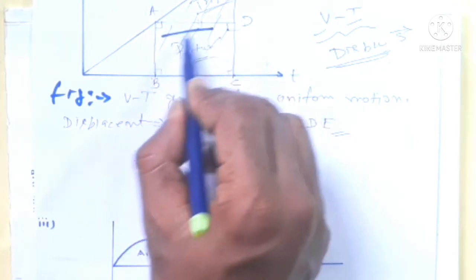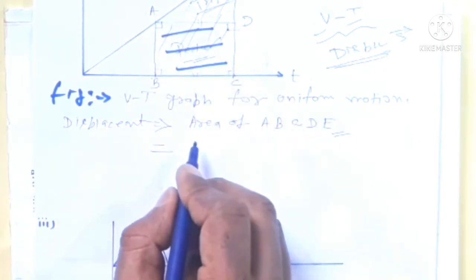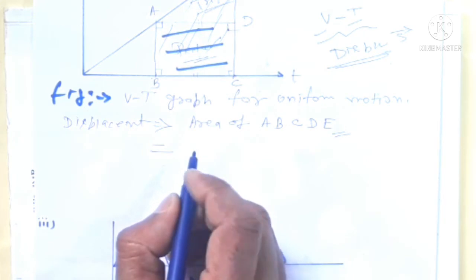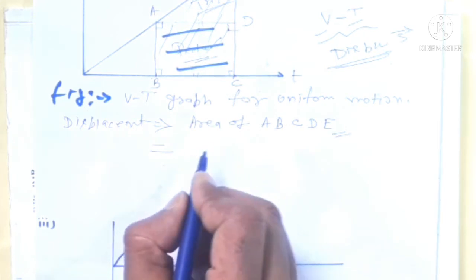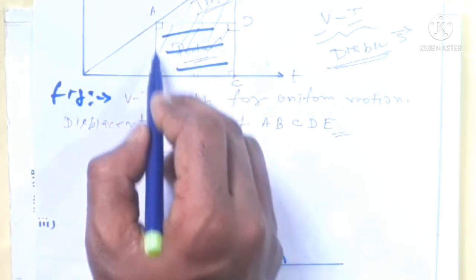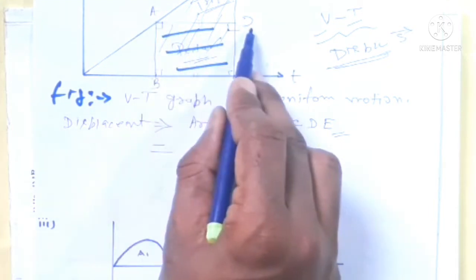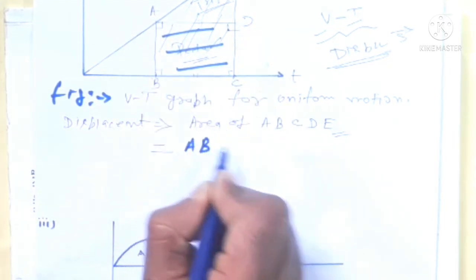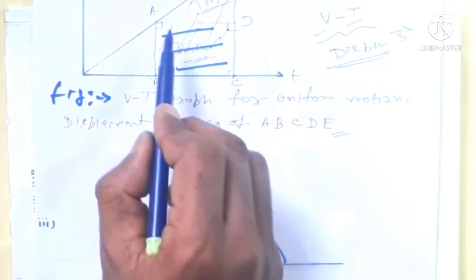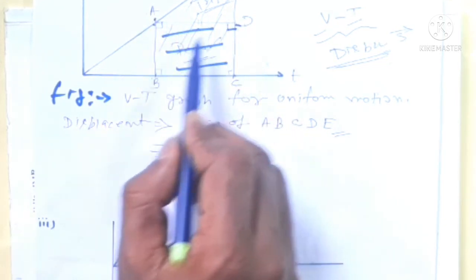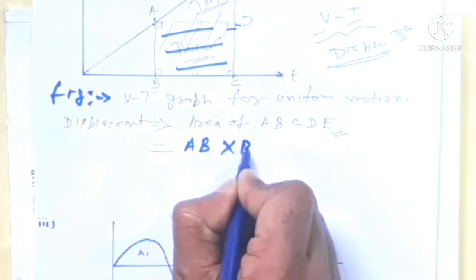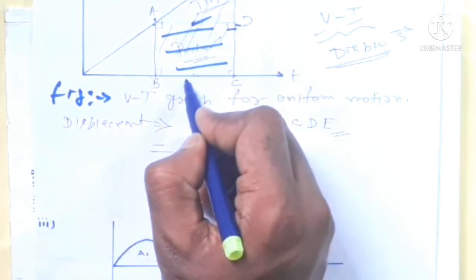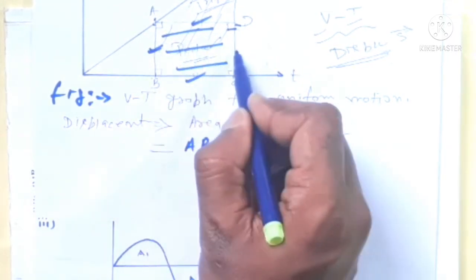This is our rectangle. A rectangle's area can be written as length into width. Length is AB, into width BC. These opposite sides are equal.